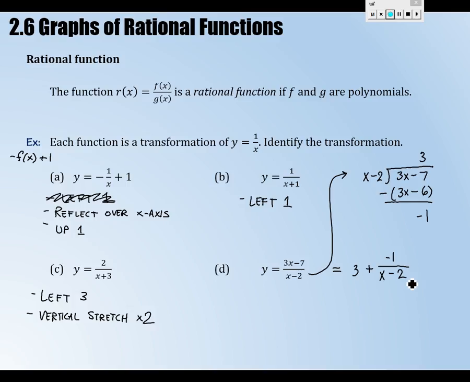So what we've just done is a little rewrite on this, haven't we? That helps us see what the 3 transformations are, right? Is that cool? And certainly if you have something linear divided by something linear, then it's definitely a transformation of 1 over x, isn't it?